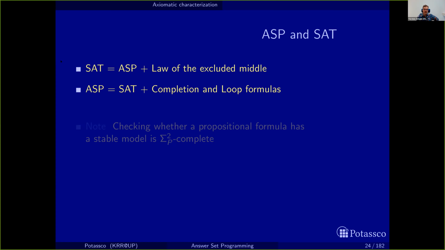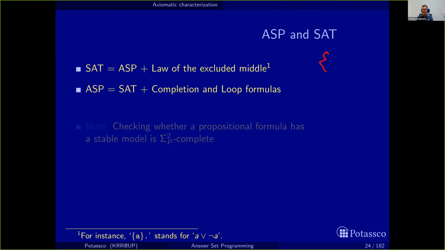If you have an ASP system and you want to encode SAT in it, the only thing you have to do is add for all the atoms the law of the excluded middle, which is A or not A, for all of the atoms. Then you have a SAT system. And in the system, this amounts to a choice rule.